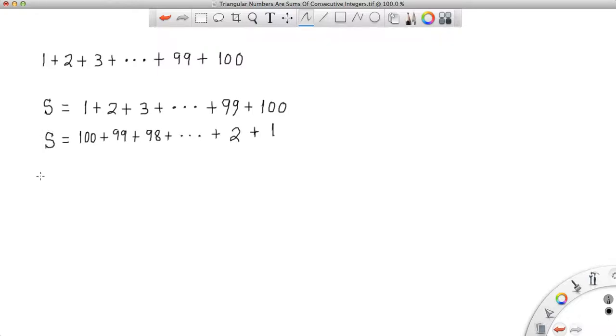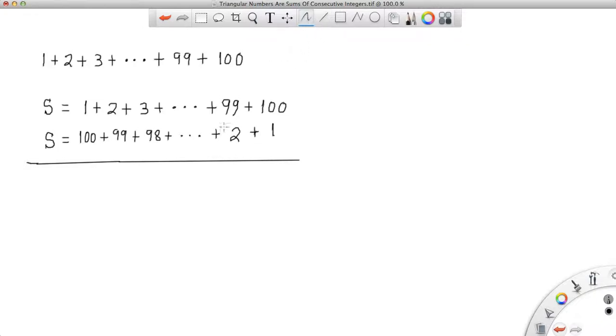Now his idea was, well, what if we add these two sums vertically? Basically they are the same sum, but now we have two equations.